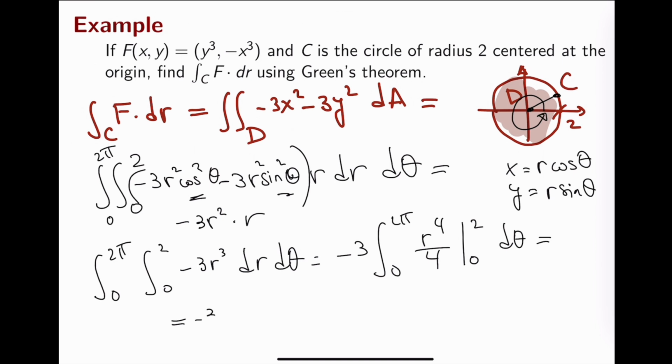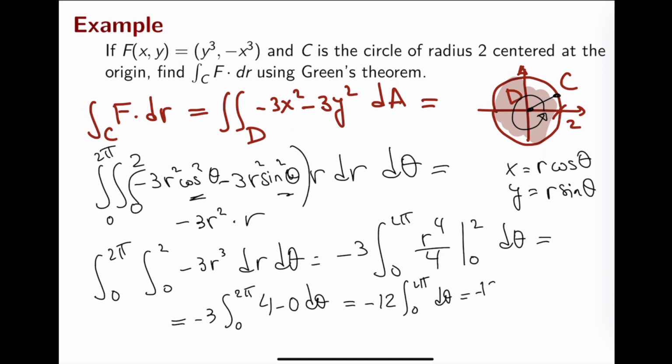So let's do this evaluation now. That will be minus 3 times the integral between 0 and 2 pi, and we are evaluating this between 2 and 0. When we evaluate at 2, we get 16 over 4, which is 4, minus 0. And so this is the integral of 4. The 4 goes out of the integral. Minus 3 times 4 is minus 12, times the integral between 0 and 2 pi of just 1 d theta.